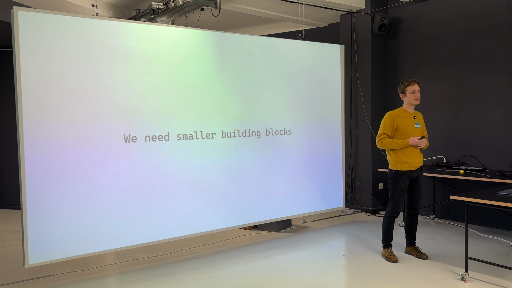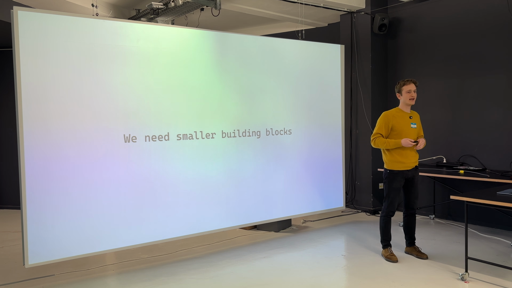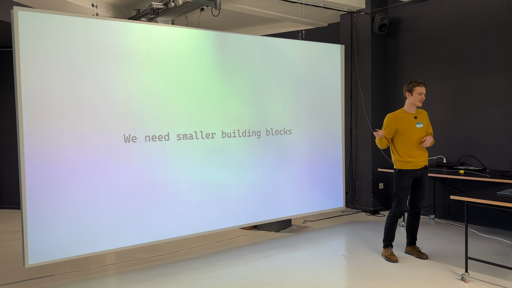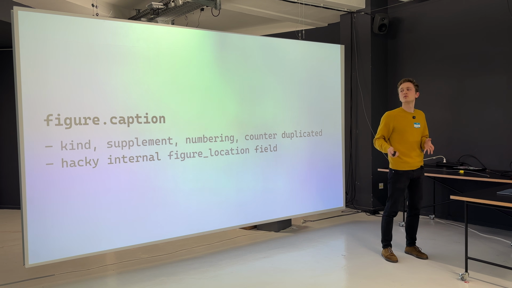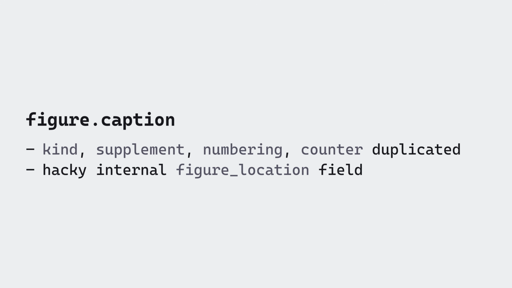We've done that in Typst in the past because it was just bad enough. Heading numbering isn't yet that bad, but figure caption was bad enough, so we added a figure caption element that you can style. But the implementation is really bad. It has these 4 fields, kind, supplement, numbering, and counter, which are just duplicated from the figure element.